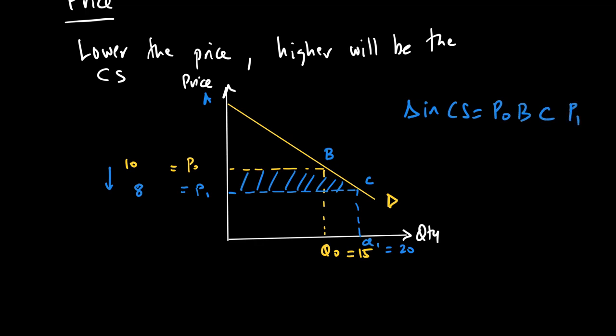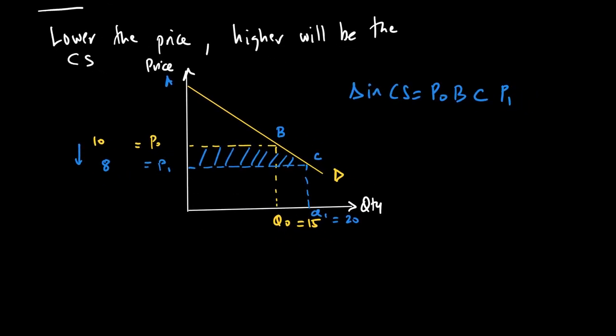So when the price goes down, the lower the price, the higher will be the consumer surplus, because there will be higher area under the demand curve, and therefore what you are willing to pay hasn't changed, but what you actually pay has gone down. If I want to find the area of the trapezium here, because sometimes it comes in MCQs, they ask what is the area of the trapezium or what is the change in consumer surplus.